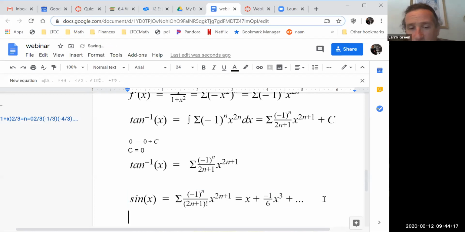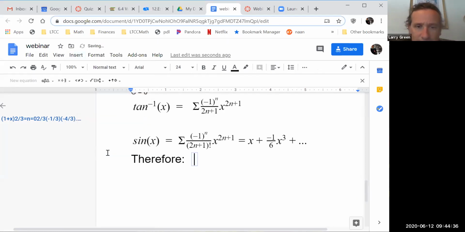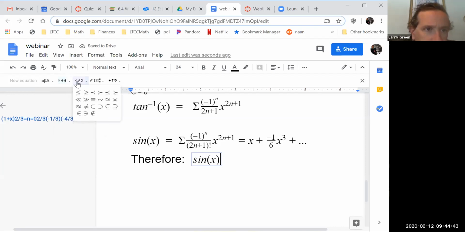So one of the great things about sine of x is if you're okay with a quadratic approximation, what is the sine of x?